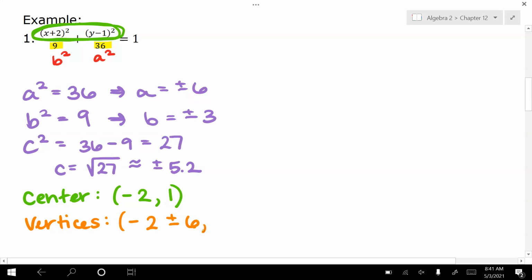And then my k, which was 1. So negative 2 plus 6 is going to be positive 4, and then 1. And then negative 2 minus 6 is going to be negative 8, and then 1.